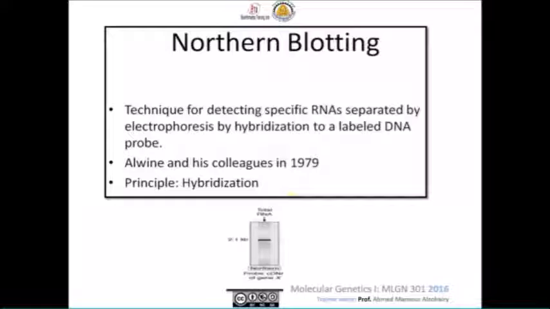But the working material here is RNA, not DNA like the Southern. And we call it Northern because the DNA technique is called Southern. So when they tried to name the technique for detection of RNA, they called it Northern.